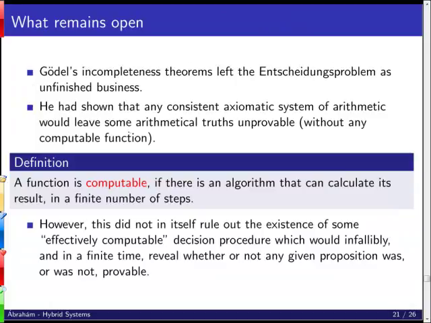What remains still open is that what they did in this proof is based on functions. So we say that a function is computable if there is an algorithm that can calculate its result in a finite number of steps.